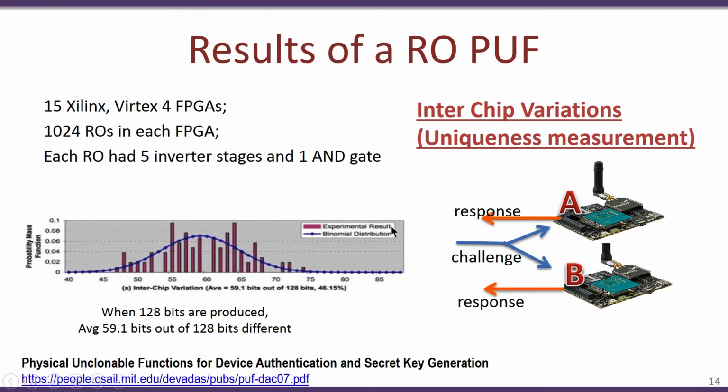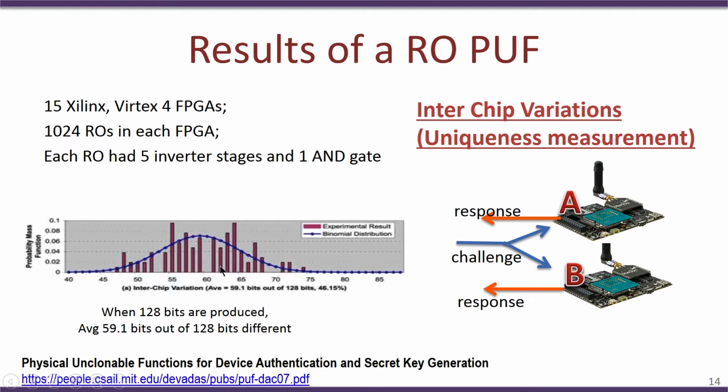Now, what is expected is that for a good PUF, the inter-chip variation should be maximum. So, this means that the response of A should be as different as possible from the response of B. If each response is of 128 bits, in order to have the maximum difference between the response of A and B, ideally A and B should vary in 64 bits.